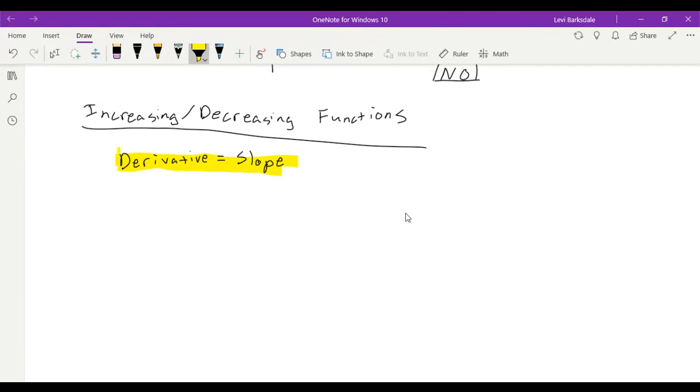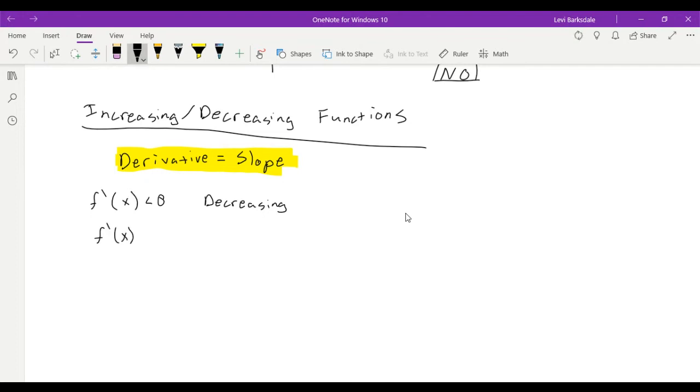And this is a really key concept you'll come across a lot. Highlight this. It's important to remember this because it makes a lot of things we do in calculus make more sense. So for instance, if we were looking at a function and trying to figure out if it's increasing or decreasing, we can say if the first derivative is smaller than 0, our function is decreasing because it has a negative slope.